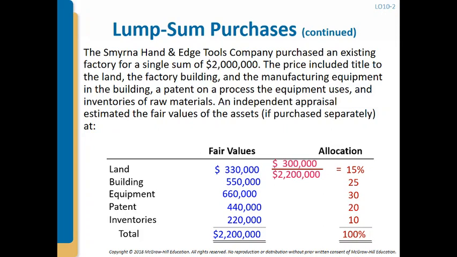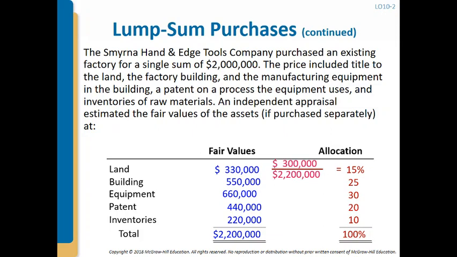And so you're going to take, the process is you're going to take the fair value of each separate item and divide it into the total fair value of all items. So here land is $330 divided into $2,200,000, and so land is 15% of the total fair value of all assets.